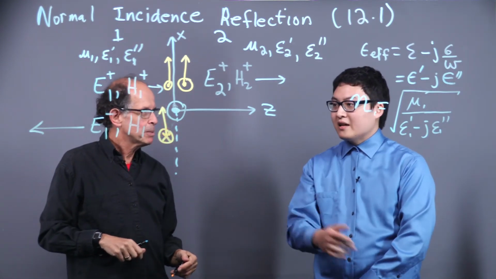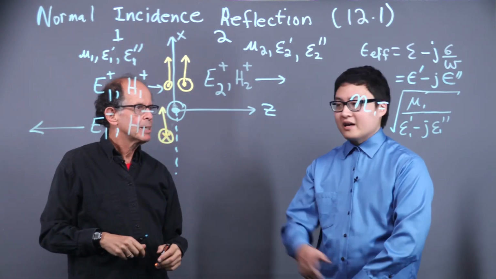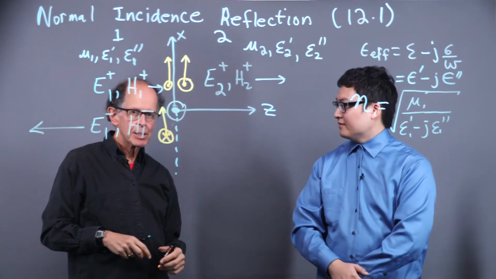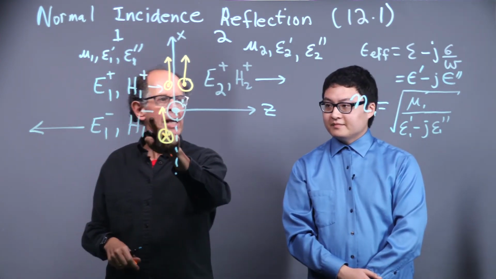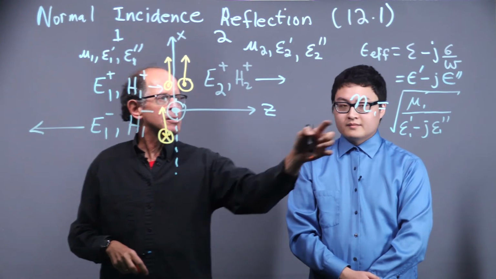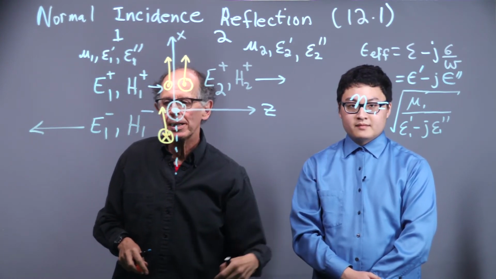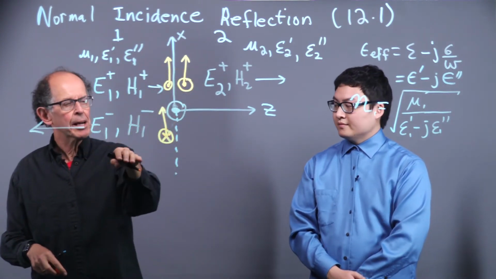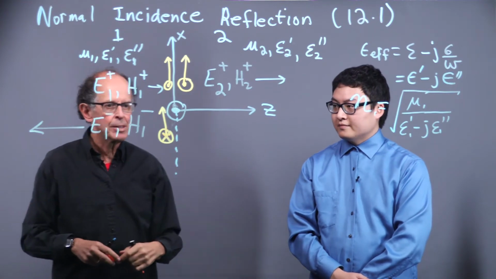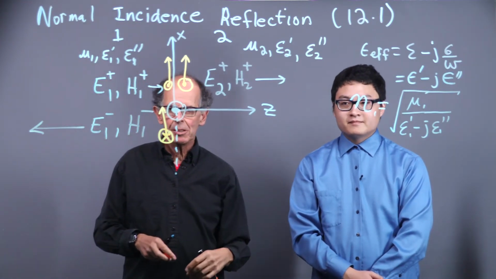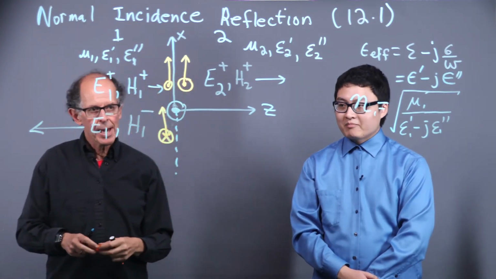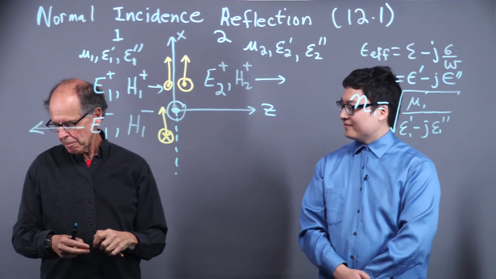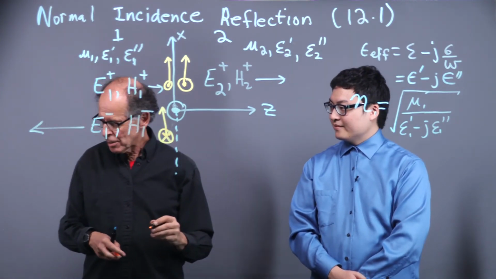Then we have minus E1 minus divided by that. So H1 minus is going to be E1 minus divided by eta 1, the whole ratio with a negative sign in front, just like the reflected current in transmission lines. That's convenient.